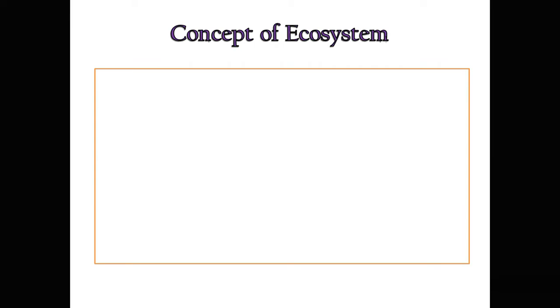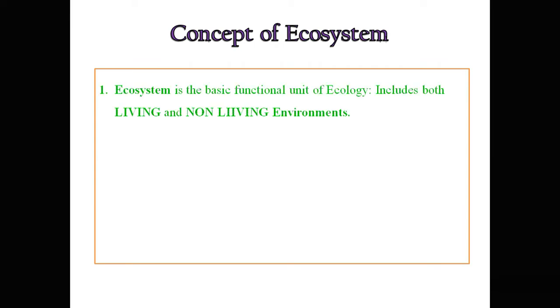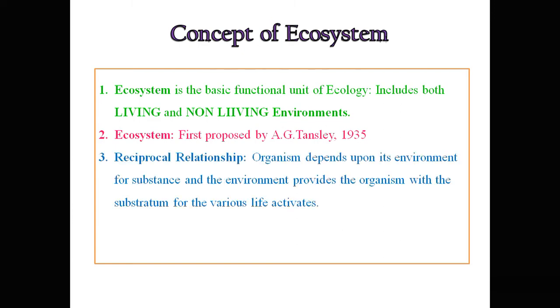So what is ecosystem? Ecosystem is the basic functional unit of ecology. It includes both living and non-living environment. Ecosystem was first proposed by A.G. Tansley in 1935. Ecosystem and environment shows reciprocal relationship.